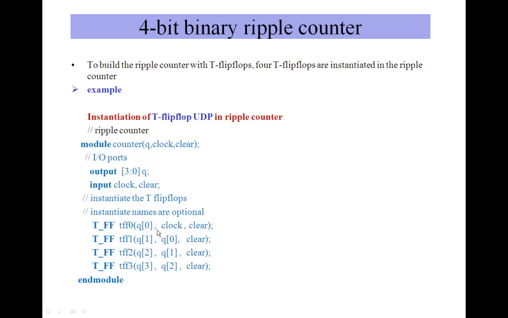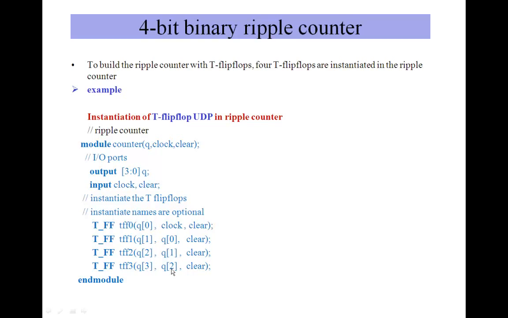So now the first flip-flop's output is acting as an input clock to the second flip-flop. Second flip-flop's output is acting as a clock input to the third flip-flop. Third flip-flop output is acting as a clock input to the next, that is the final flip-flop, fourth flip-flop.